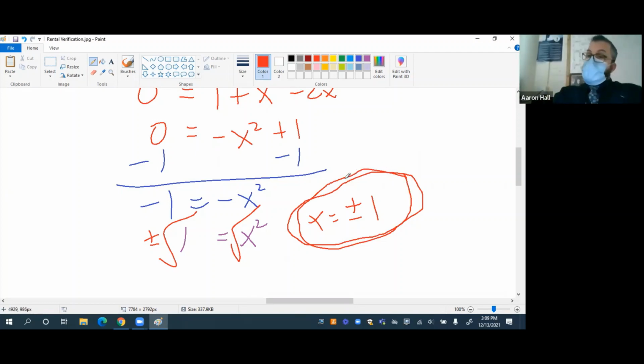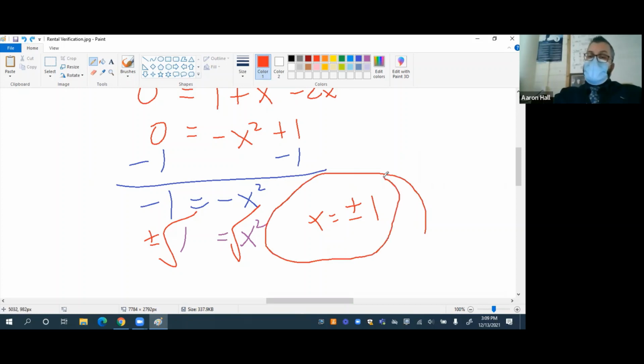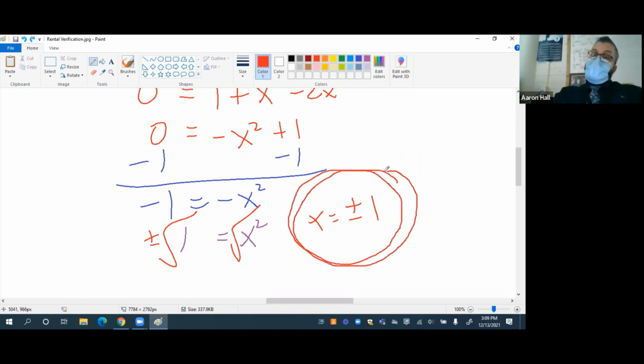They may be maximums and minimums, or they may be something else. It's something that I have to examine. How do I examine 1 and negative 1 to see if I have a max or a min? These are my critical points. How do I examine these to determine whether they are maximums or minimums?